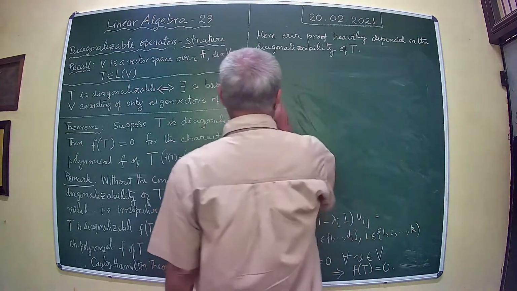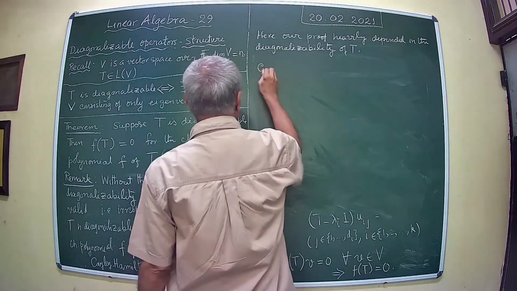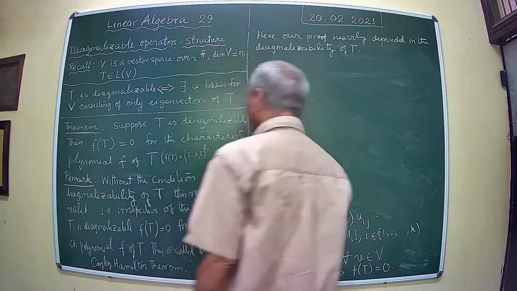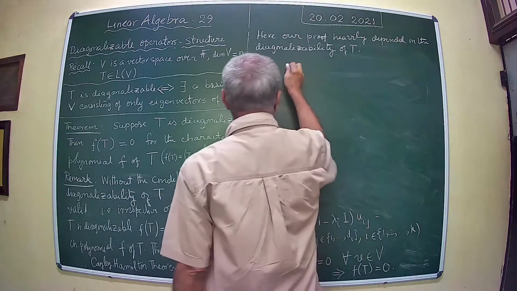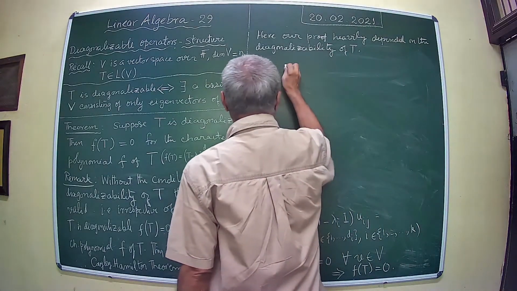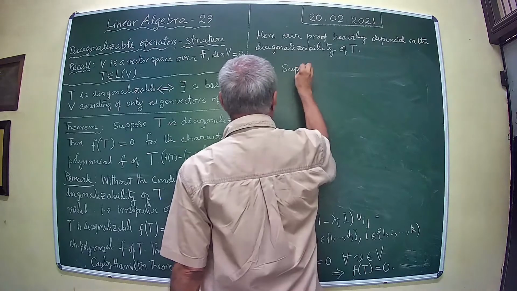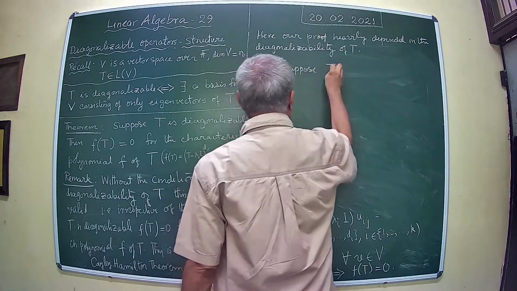One corollary that you can immediately write is this, which is also quite relevant. Suppose T is diagonalizable.